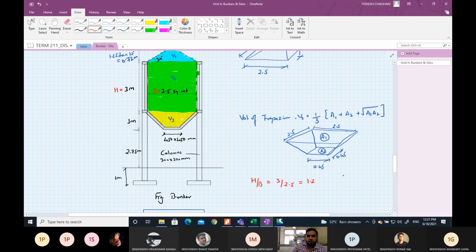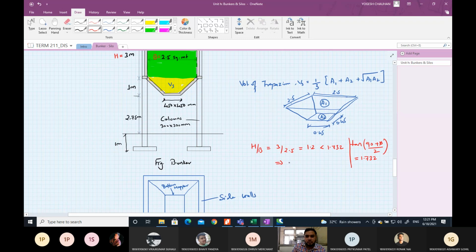And if you find tan of (90 plus 5) by 2, this will be equal to 1.732. So this is less than 1.732. Okay, so this is okay as far as the dimensions are concerned, and it is designed as a bunker.